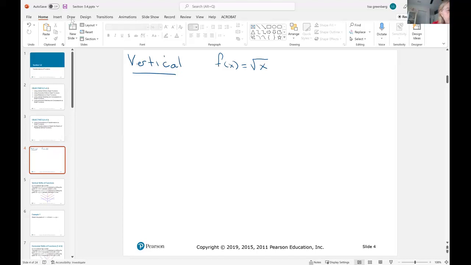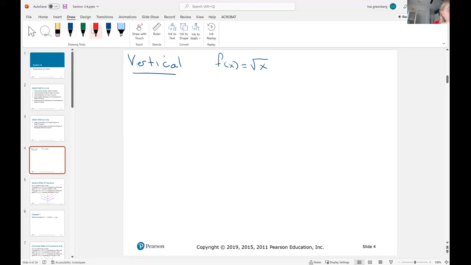Then a vertical stretch or compress will basically look like this function, but it will have some kind of constant in front of it.